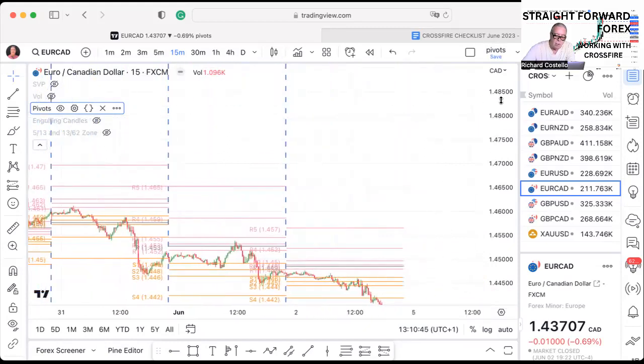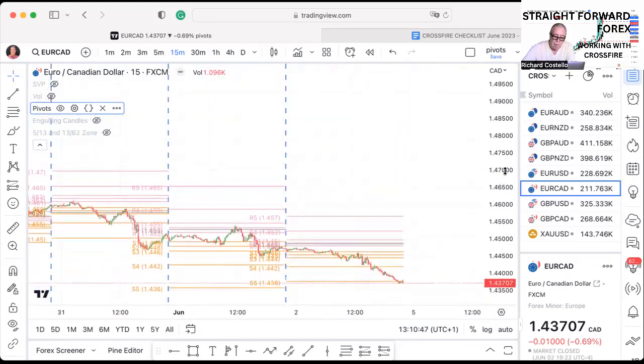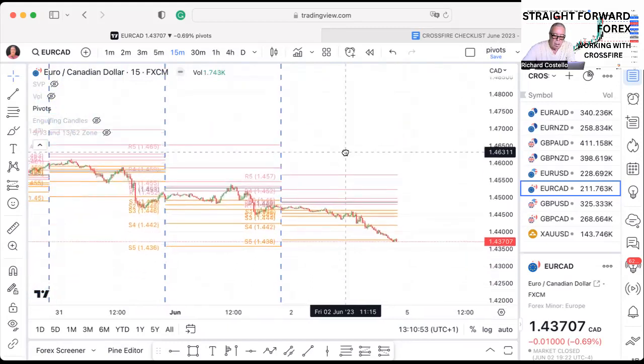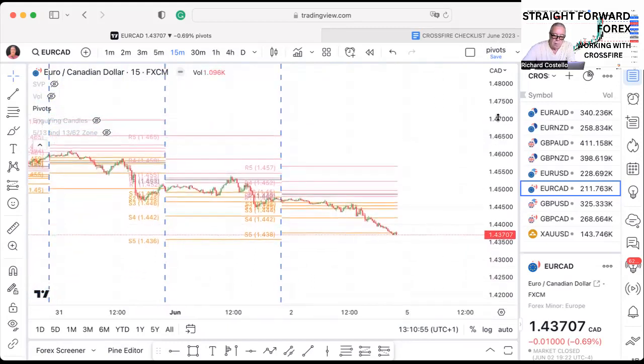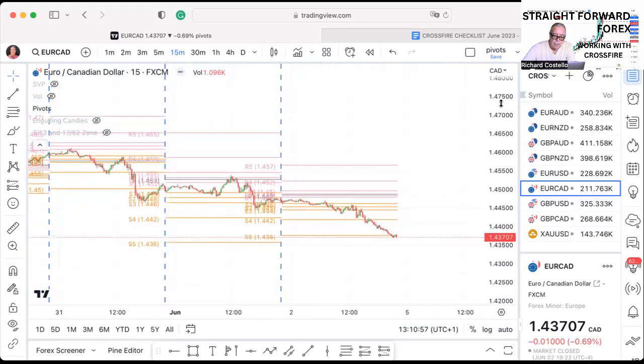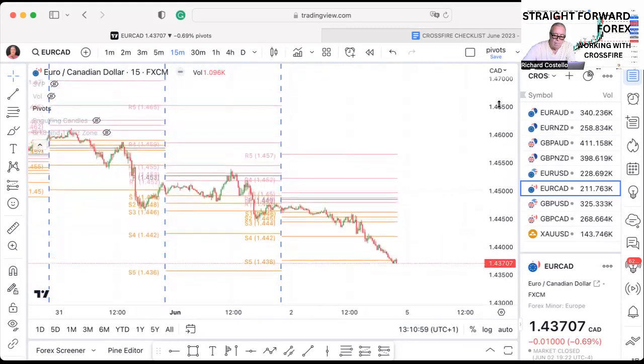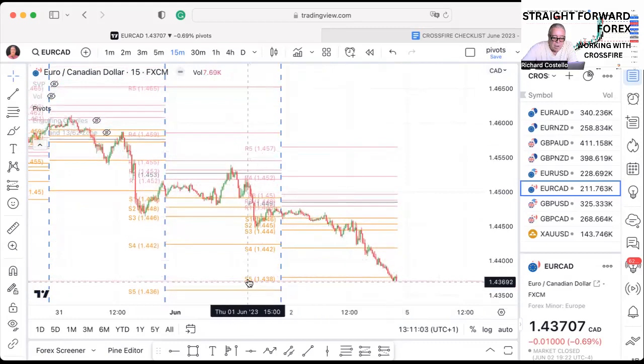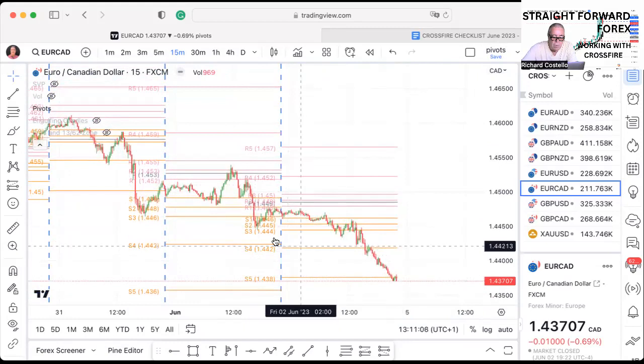So this is Friday the 2nd of June. If I just zoom in on that one, right? So it's giving me S5, which is support number 5, support number 4, support number 3, 2, and 1. So these are all support levels.